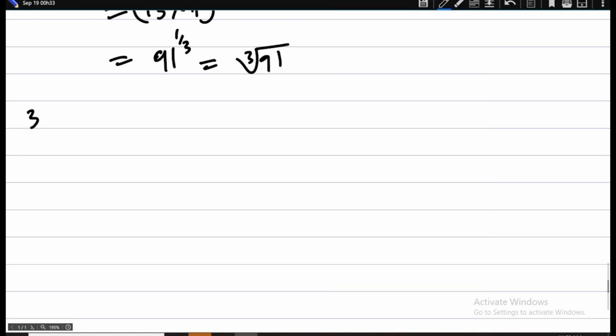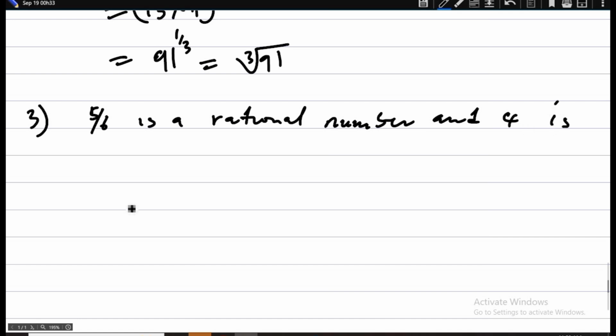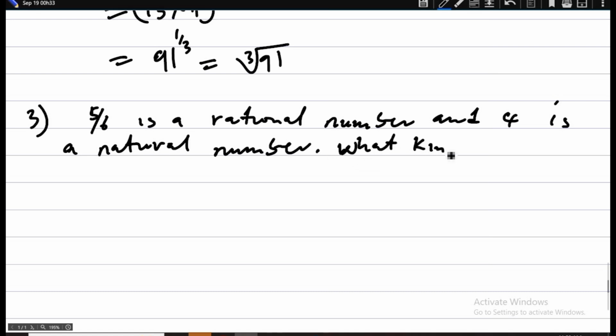It says that if 5 over 6 is a rational number, and 4 is a natural number, then what kind of number is 5/6 plus 4?